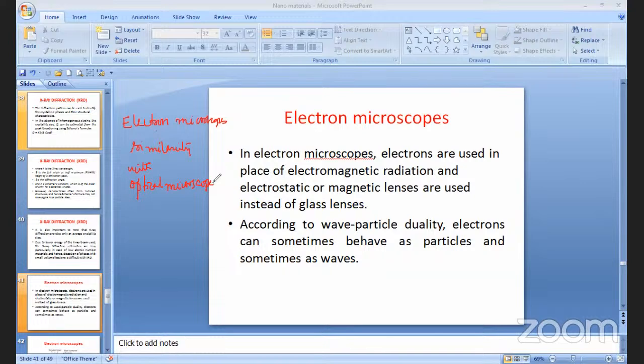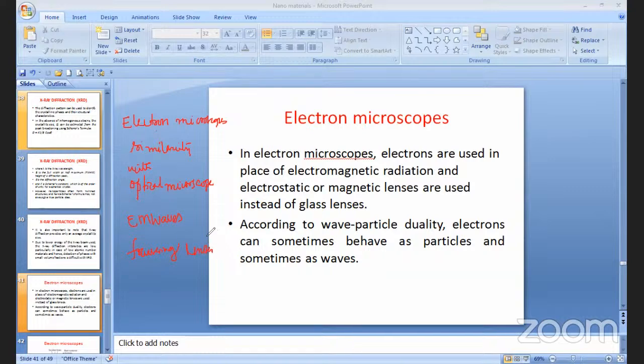In optical microscopes, we use electromagnetic waves, EM waves. Electromagnetic waves of appropriate wavelength are scattered from the specimen and are detected using a system of focusing lenses.